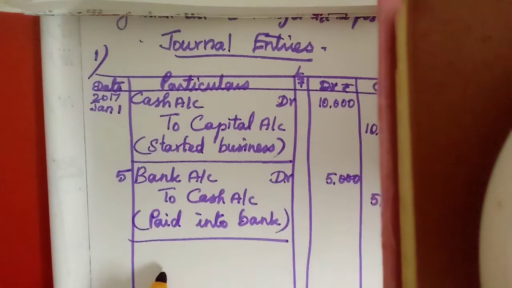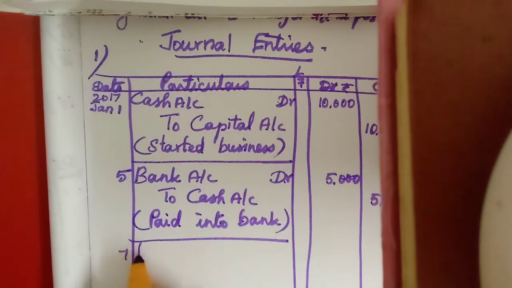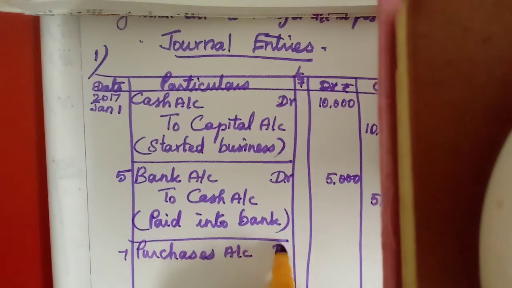Write correctly: purchased goods from Ram for cash. Purchased goods means purchases. First date, purchases account debtor to cash. Cash only is going out.